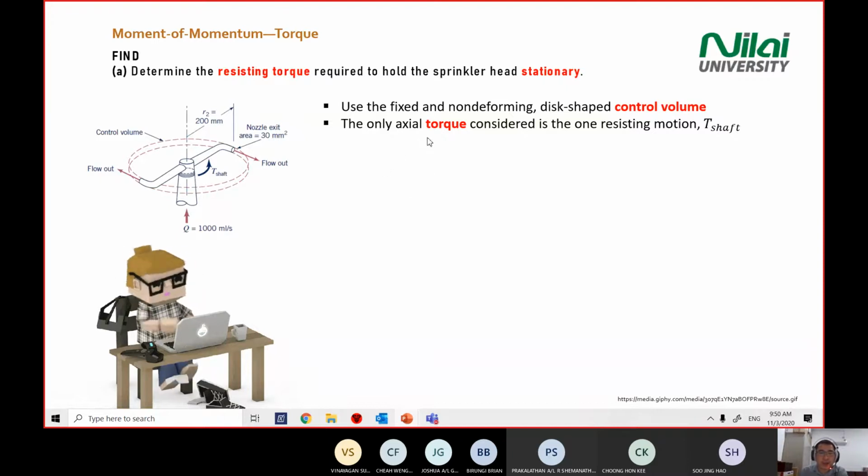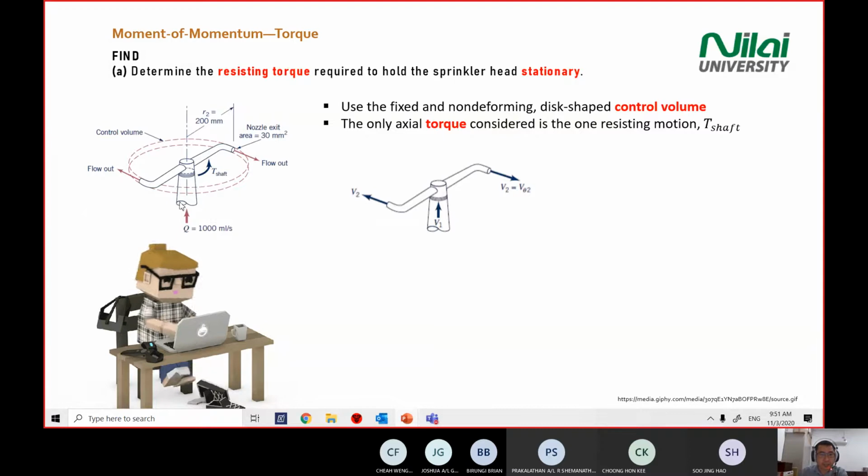And we only focus on axial torque to analyze as a resisting motion. So we need to calculate the T shaft, right? For T shaft, if you look here, we have R and force coming out here. So we need to calculate the torque from the nozzle here, all right? So make some markings in the diagram. This is the focus area for the nozzle head, the sprinkler head.